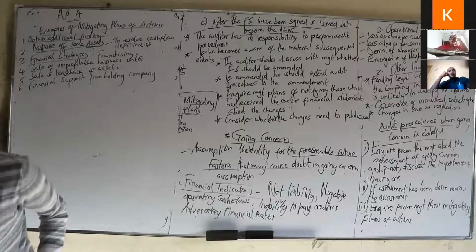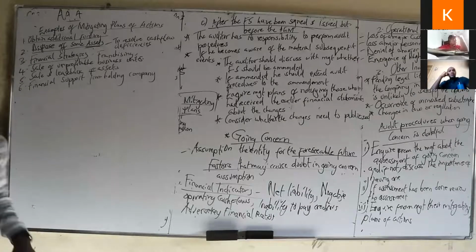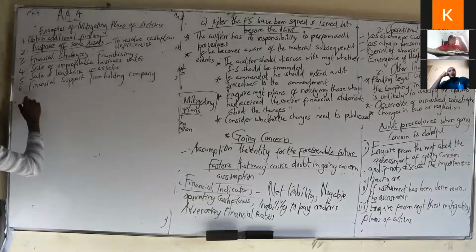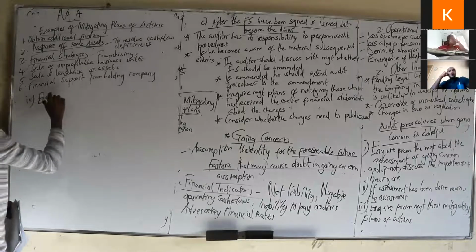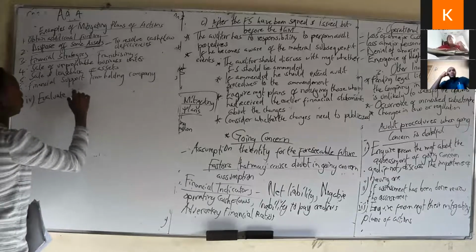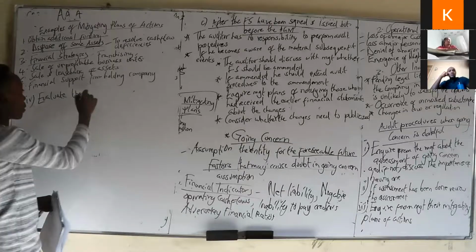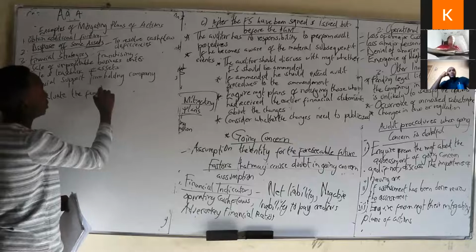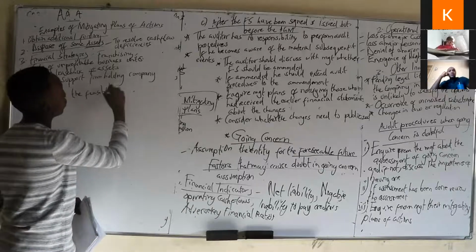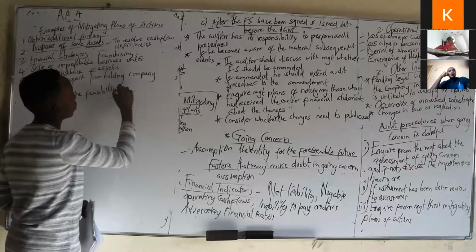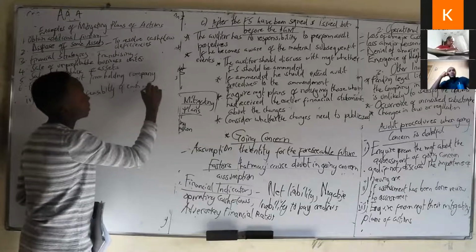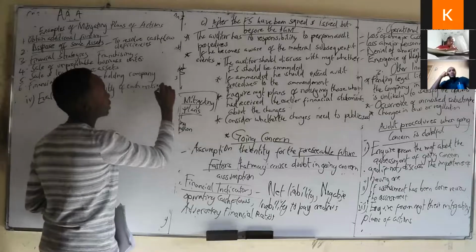And then, on the continuation of those procedures, the auditor can evaluate the feasibility of each mitigating plan. How does he carry out this evaluation?